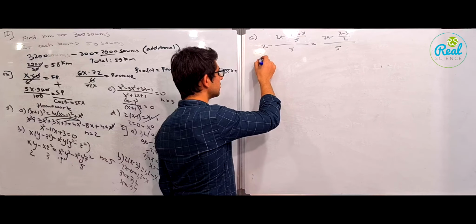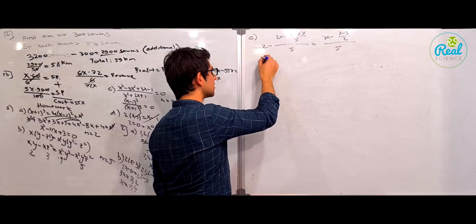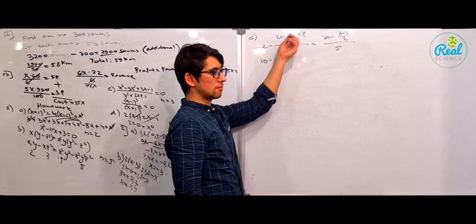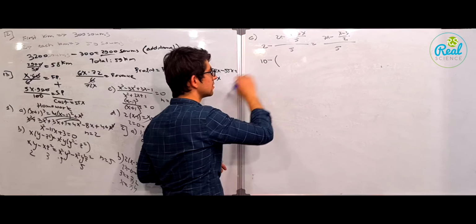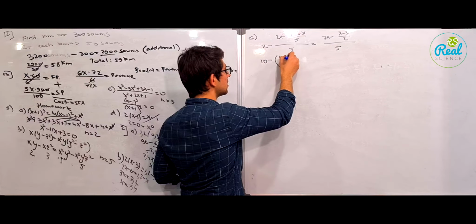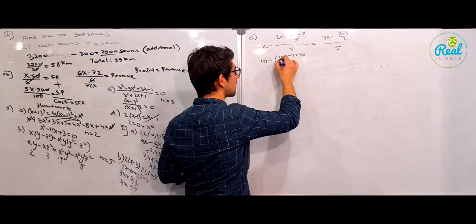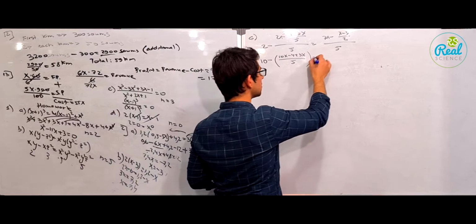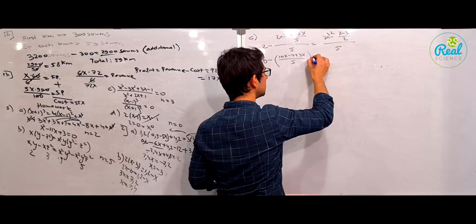It becomes 10. 10 minus, but this minus sign is for all of them, right? So it becomes like, let's give a common denominator here too. 10x minus 4 plus 3x over 5, right? Yes. Equals to, let's give a common denominator of 2.